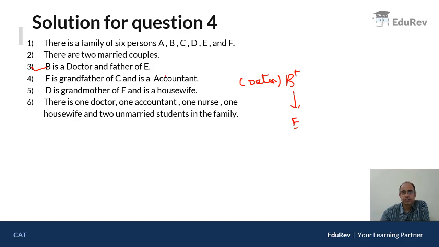F is the grandfather of C. And since there are only two married couples, F has to be here. F is the grandfather, so a plus, of C. That means B has got one more child, C, and F is an accountant.